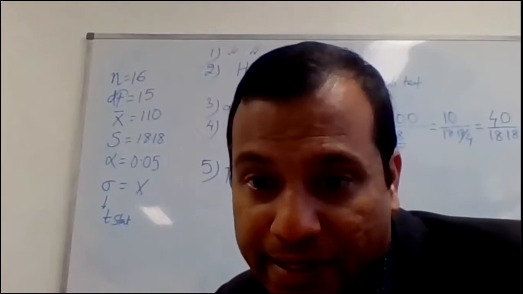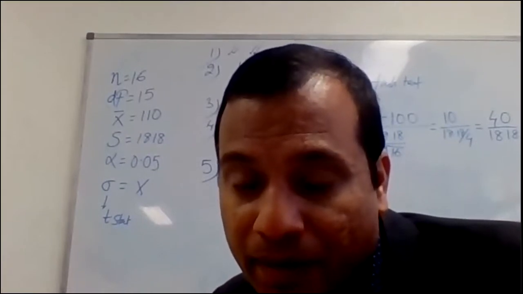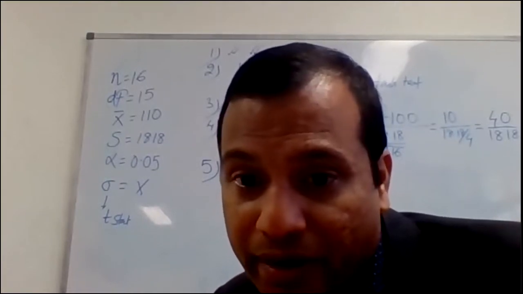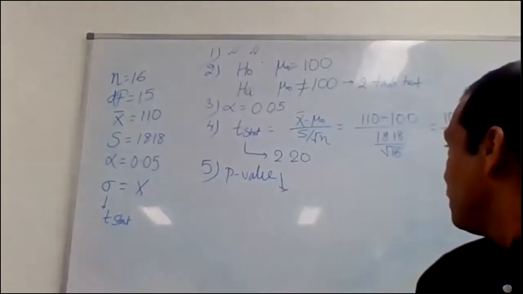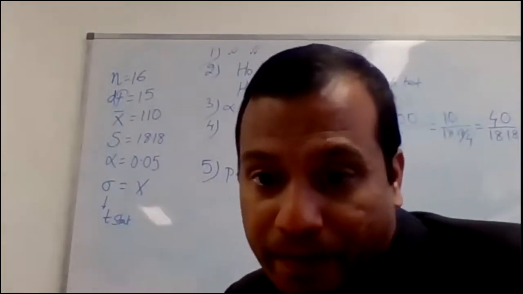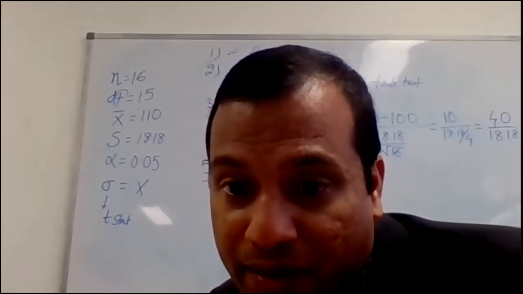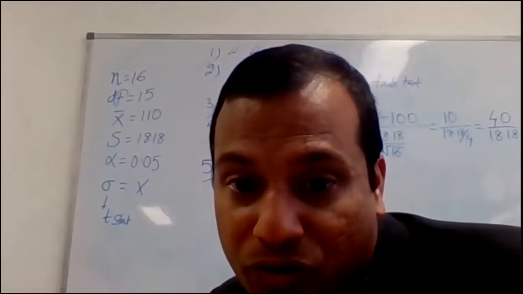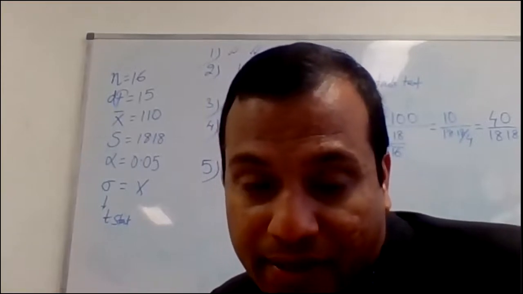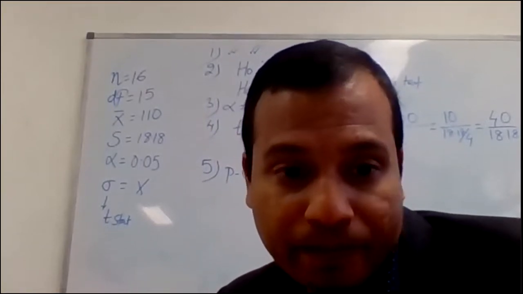For the two-tail test, it says, is it the right side or left side? P-value is coming, so okay. Twice the area to the right of the test statistic or twice the area to the left of the test statistic. So let's go through.